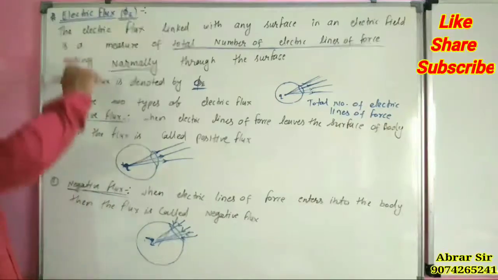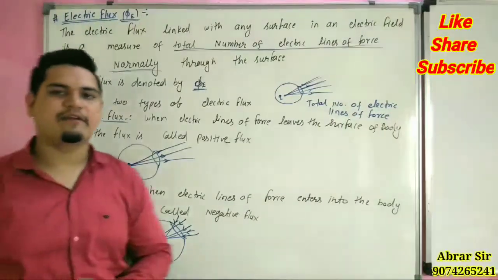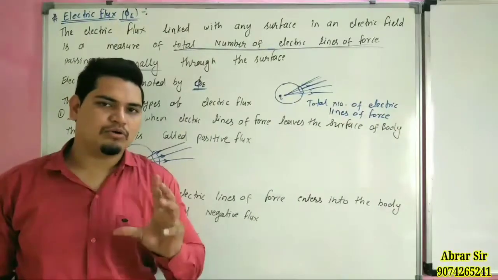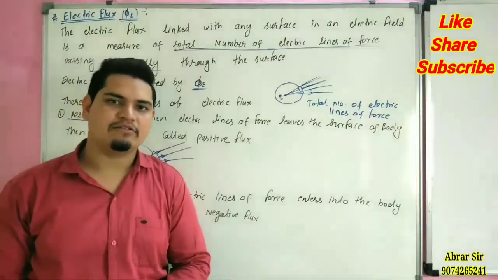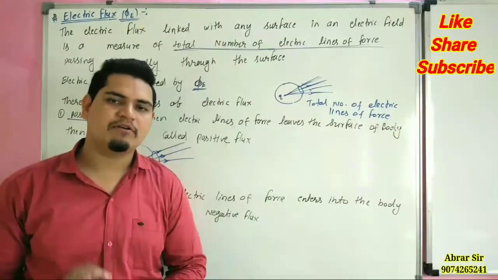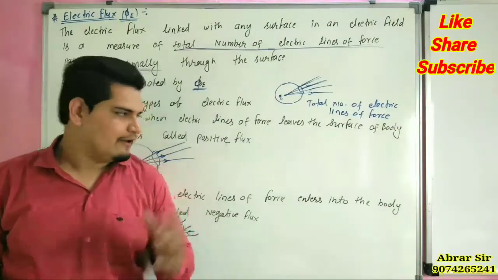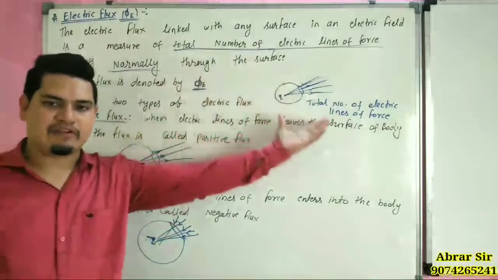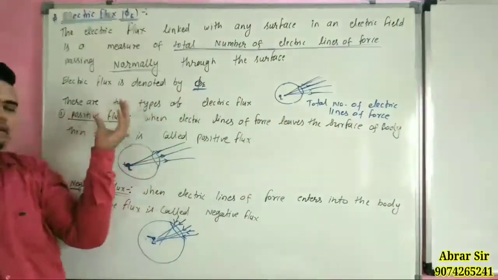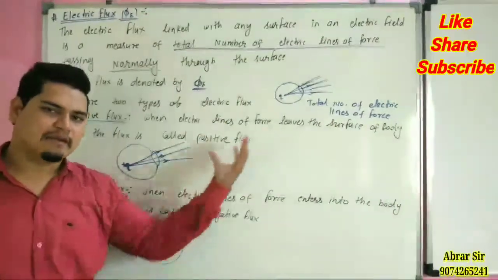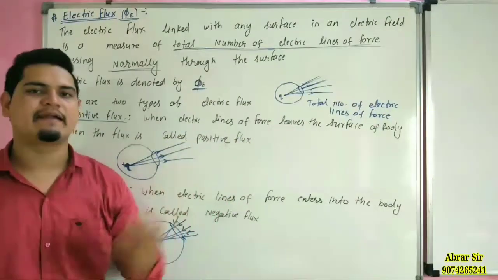So electric flux is nothing but the total number of electric lines of force. If lines go away from the surface, it is called positive flux, and if lines come inside the surface, it is called negative flux.